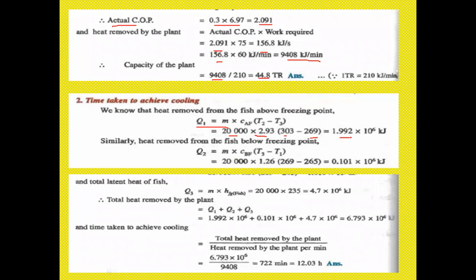Similarly, the heat removed from the fish below the freezing point, Q3, is equal to M into CBF into T3 minus T1, 20,000 into 1.26 into 269 minus 265.